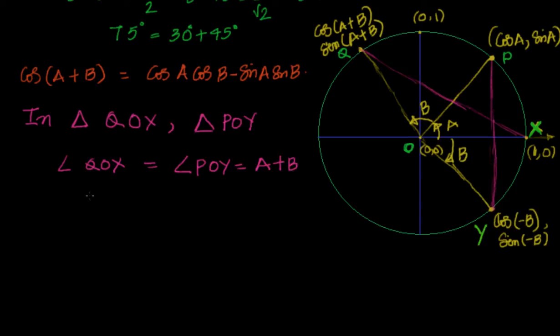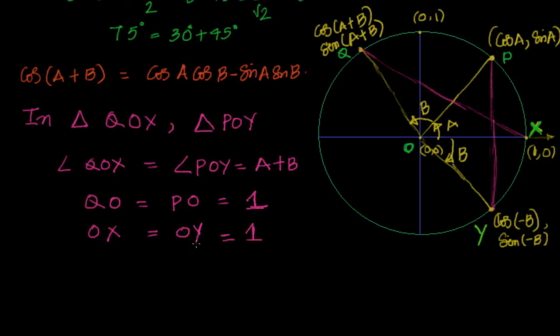And also we know QO is equal to PO, that is nothing but equal to 1 because it's a unit radius. You can see that the coordinate of this is 1 comma 0. That means x axis distance is 0. Similarly it is 1. That means the radius is 1. Okay, right. And what else we know? We know that OX is equal to OY. That is very simple, right? OX is equal to OY. That is also equal to 1.